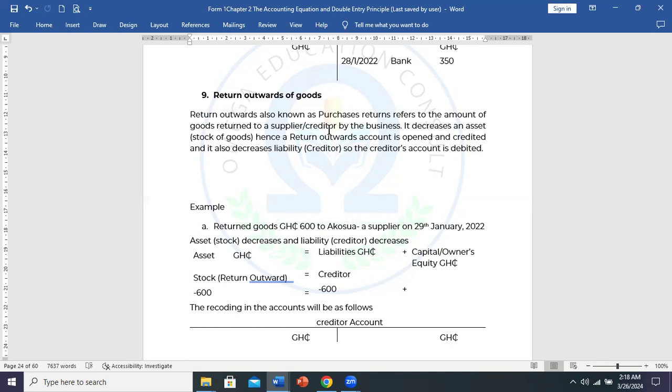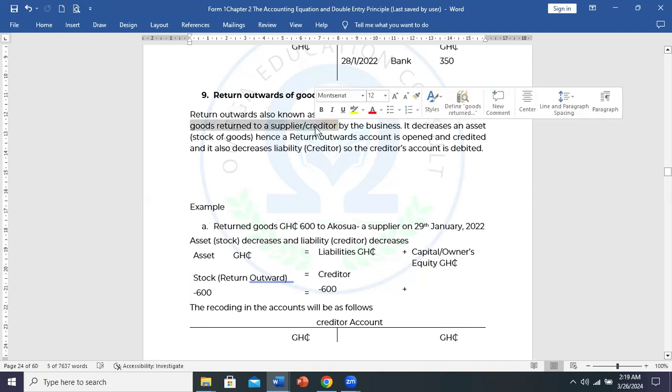Thank you, Prof. Richmond. So, my ladies and gentlemen, when you hear return outwards, please, it simply means that a business has returned goods to the supplier or creditor. You know, a business mainly deals with suppliers and customers. Suppliers are those who give goods to the business, right?